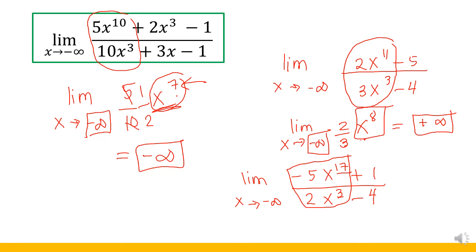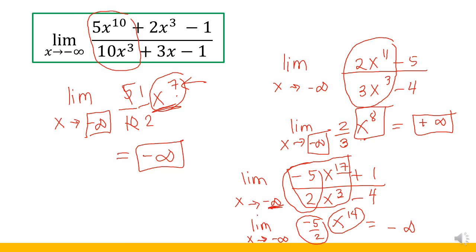That will be x to the 14. Even exponent. So negative or positive infinity won't matter. But since you have a negative 5/2 for your coefficient, supposedly this is positive already, but with the negative multiplier, the answer becomes negative infinity.